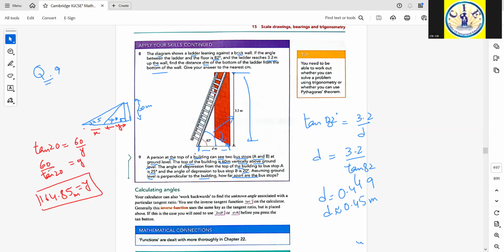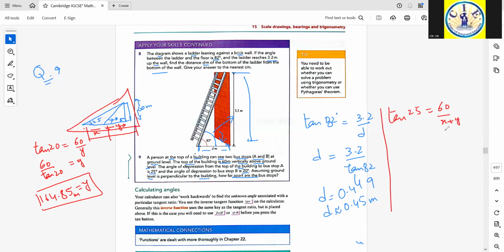Okay. Then let us use the larger right angle triangle now. This one. So tangent of 25 degrees will be equal to 60 divided by x plus y, because now the base is this distance plus this distance.